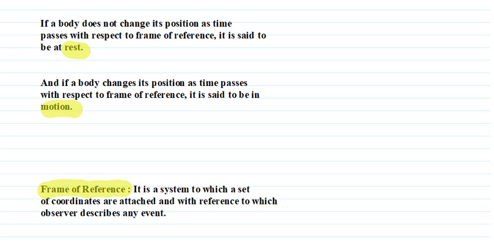For example, let's say a boy is standing at a platform, and there is a tree near the platform.